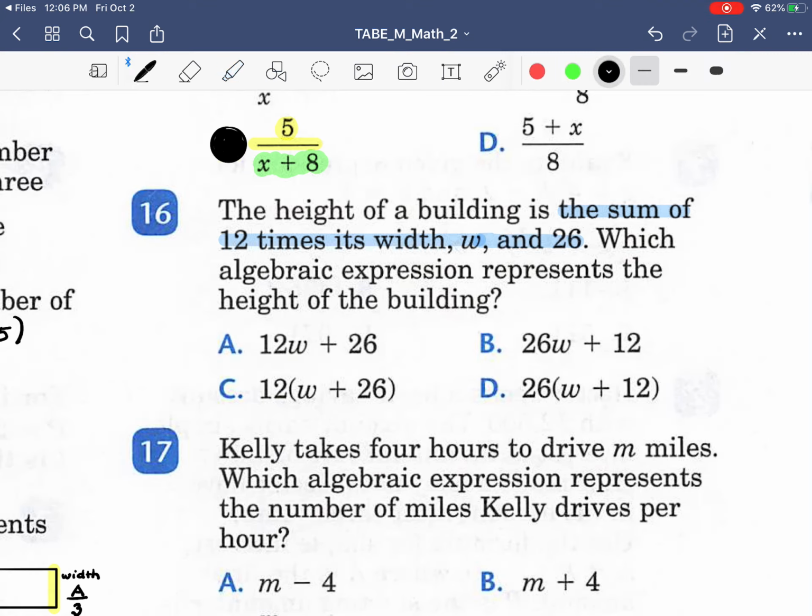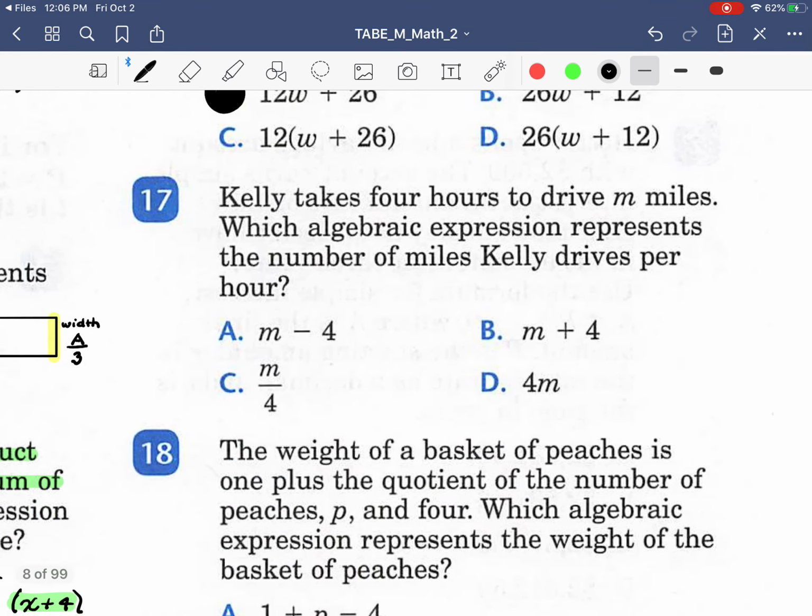The first thing I need to do is say 12 times W and then add 26. That's going to be A. 12 times its width plus 26.